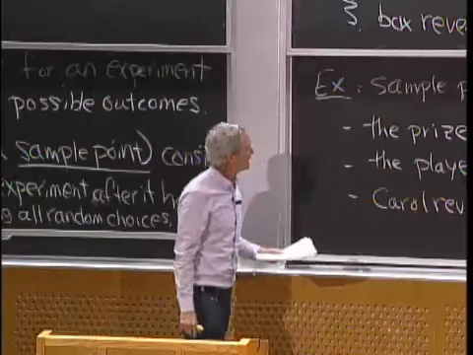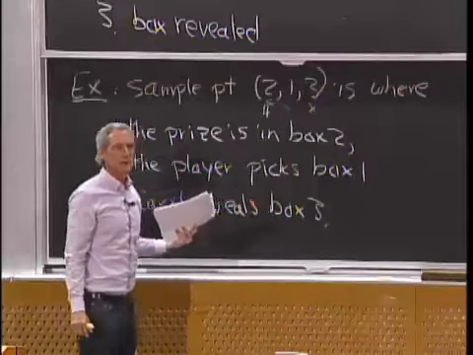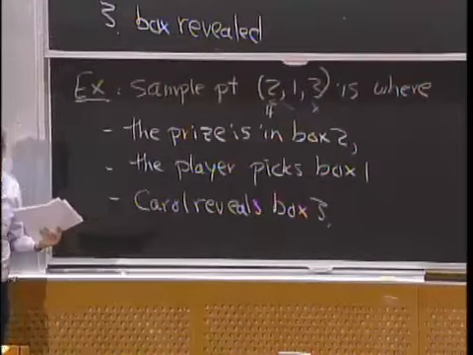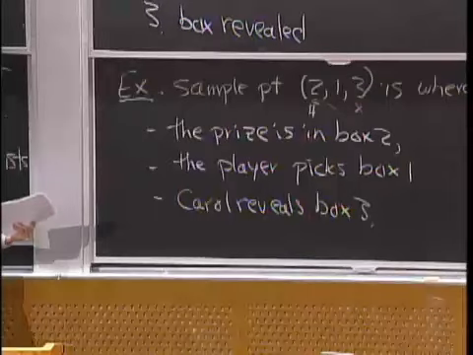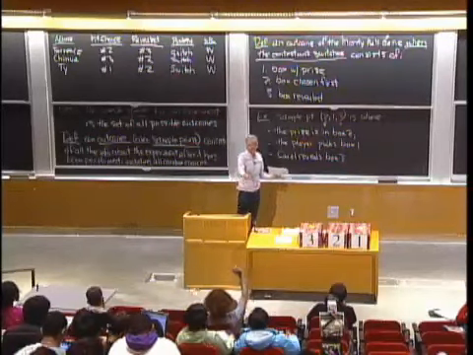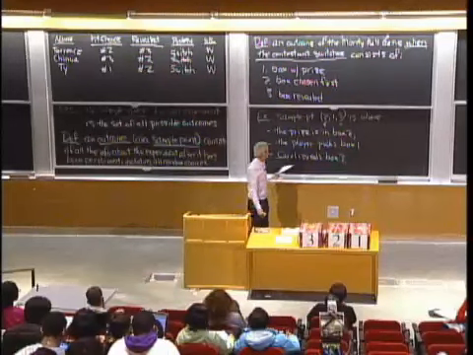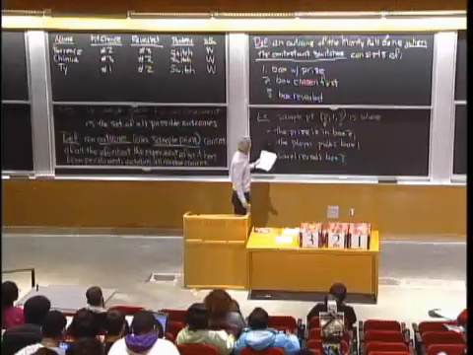Okay. Now, does every 3-tuple here correspond to a sample point, a possible outcome? No. What's an example of a 3-tuple with numbers 1, 2, and 3 that's not? Any sample point where the box revealed is the same as the box of the prize or the box that was chosen first. Very good.